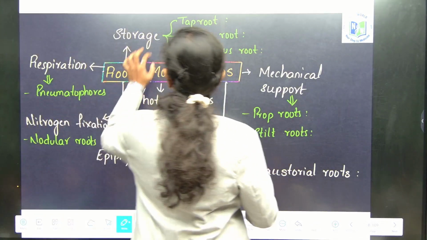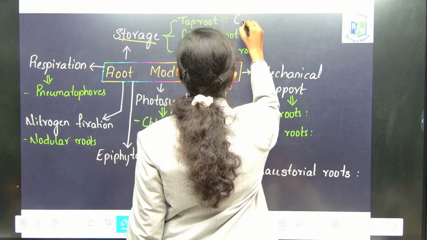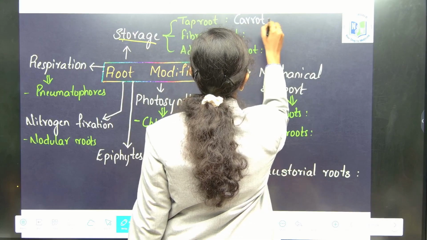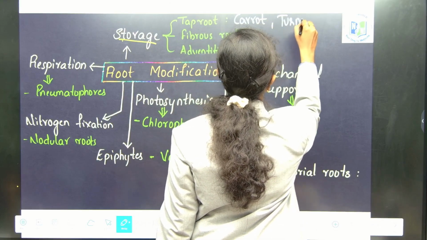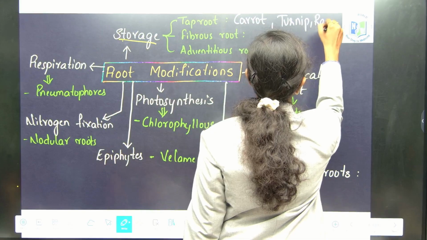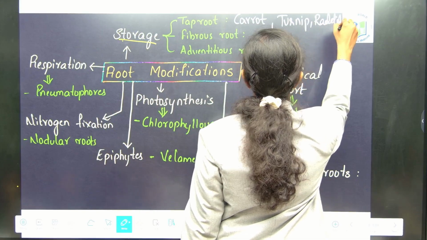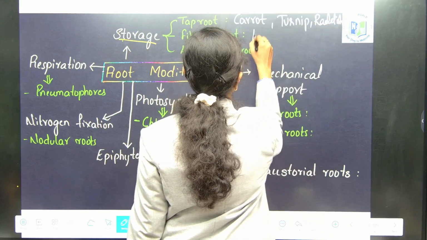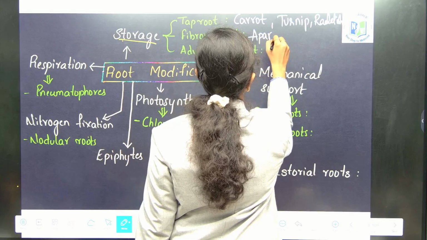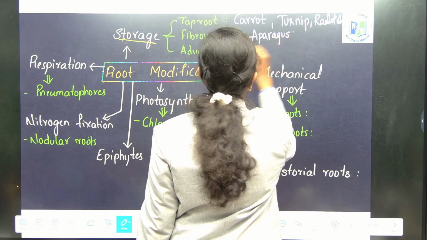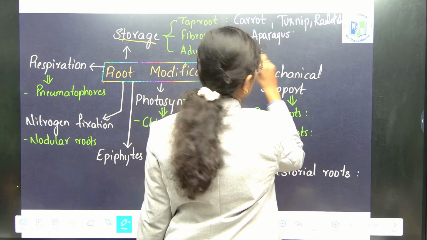Taproots, storage root modification, what do we have? Carrot, turnip, radish. Fibrous root, asparagus. Adventitious root, sweet potato.